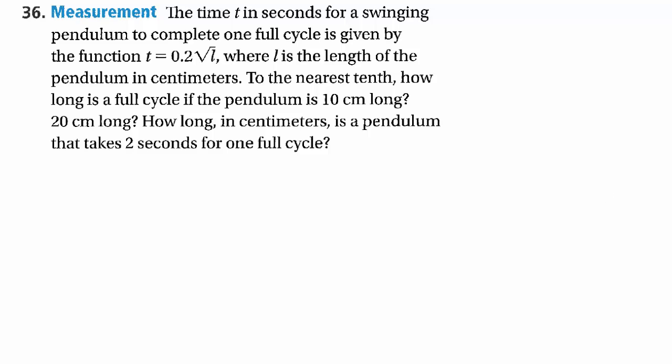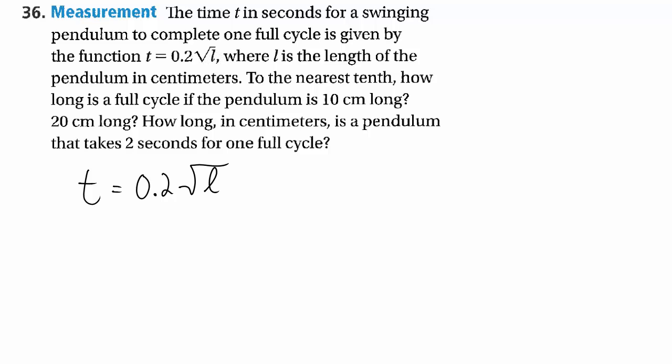We're given a relation between t, which is time, and the length of a pendulum. And this is actually something we discovered from physics. This is pretty accurate. Depending on the weight of the string, it can vary a little bit possibly.